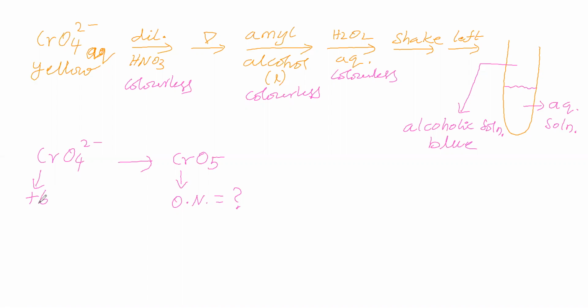In CrO5, what is the oxidation number of chromium, do you think? Let us calculate the oxidation number of chromium by the normal method. We will take the oxidation number of oxygen as -2. Net is 0. So we will get the chromium oxidation number as +10.